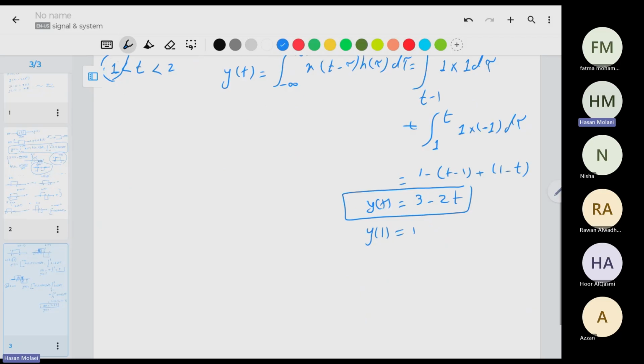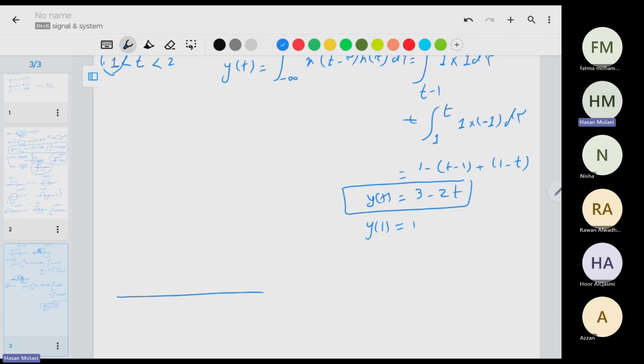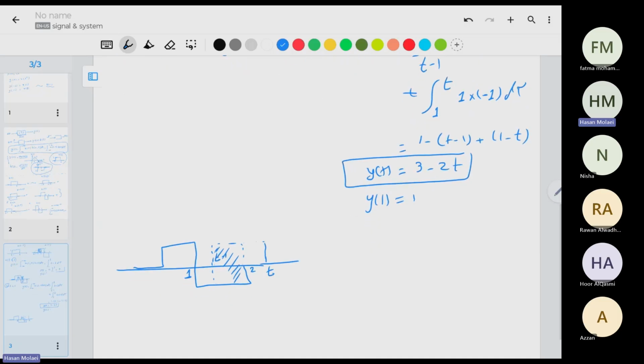If I move x(t minus tau) a bit more, which is going like this, here is t minus 1, here is 2, here is 1. The overlap area is here. If we write y, the boundaries would be from t minus 1 to 2. How much is x(t minus tau)?